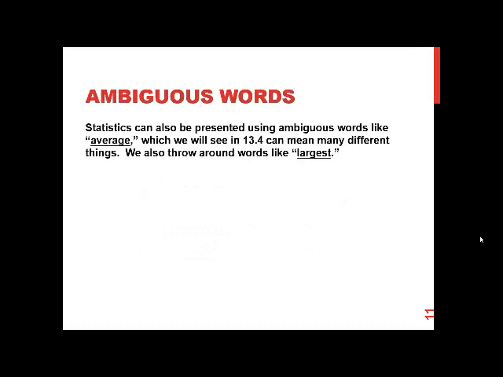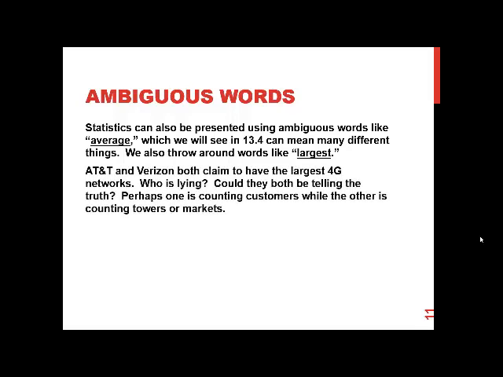Ambiguous words. Statistics can also be presented using ambiguous words like average, which we will see later in this module, can mean many different things. We also throw around words like largest. Right now, a big thing going on is that AT&T and Verizon both claim to have the largest 4G networks. Is one of them lying?